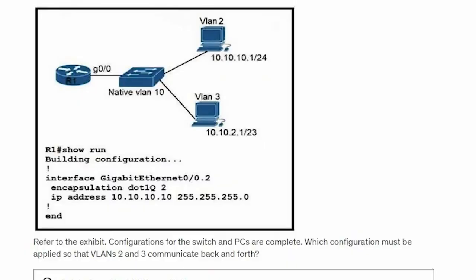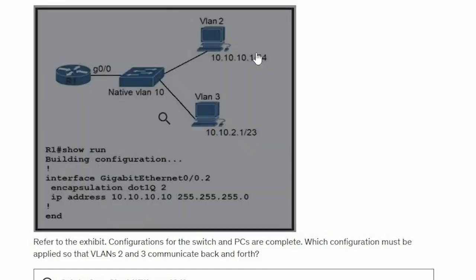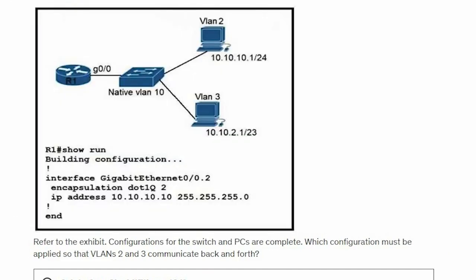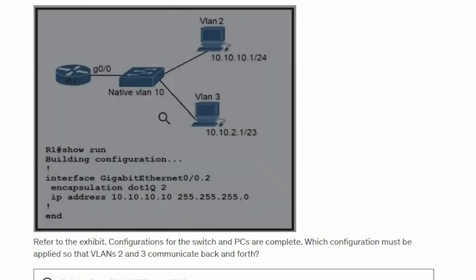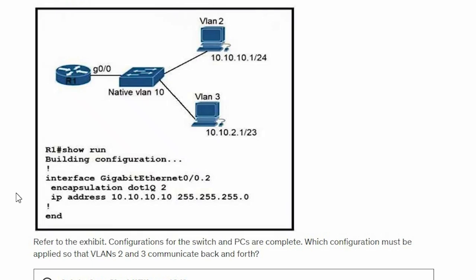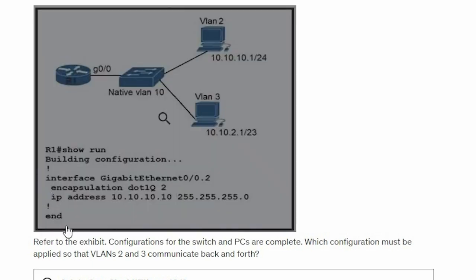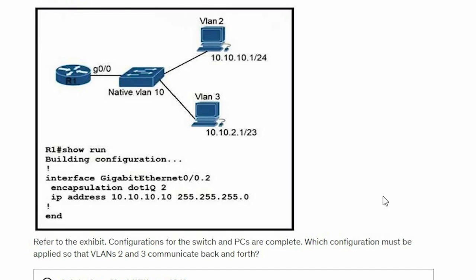We have a router, we have the native VLAN, we have VLAN 2 and VLAN 3 with different IP addresses. And we show here R1 with the command show run, building configuration, interface gigabit, which shows you the configuration which is there.